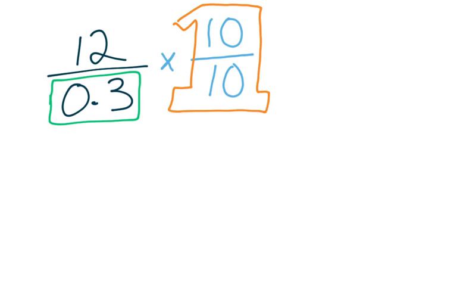So if I do that multiplication, I'm going to say 12 times 10 is 120, because remember when you're multiplying fractions by fractions, you multiply numerator times numerator, denominator times denominator. I'm going to multiply 3/10 times 10, and that gives me 3 wholes.